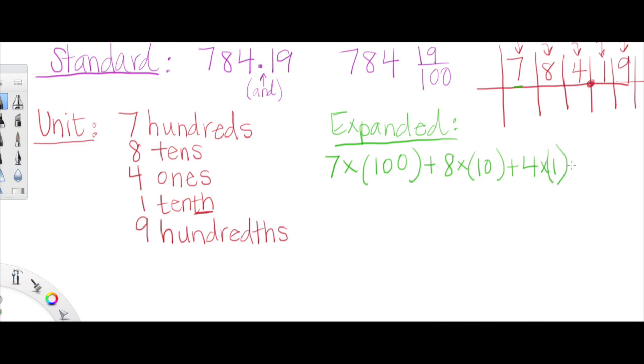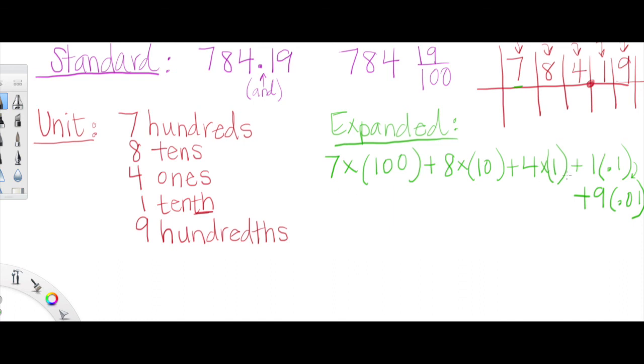There we go. Also, we have 1 copy of 1/10, and I've run out of room. I was trying to write small. I'm going to just kind of snake down here. I wish I could have this all on one line, but life isn't perfect. Finally, we have 9 copies of 1/100th. Okay, so that's the expanded form using decimals.